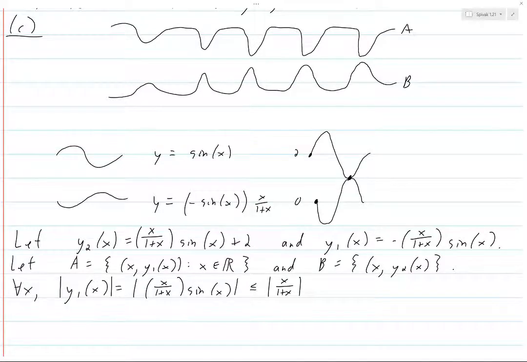And then if we take the norm of y2, we're going to get the norm of x over 1 plus x plus 2. So let's see here. You know what, let's make this x greater than or equal to 0.